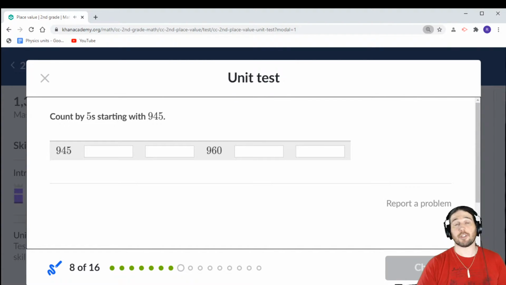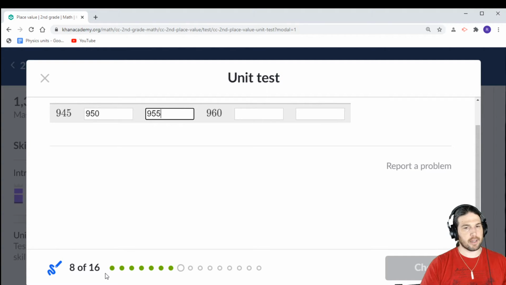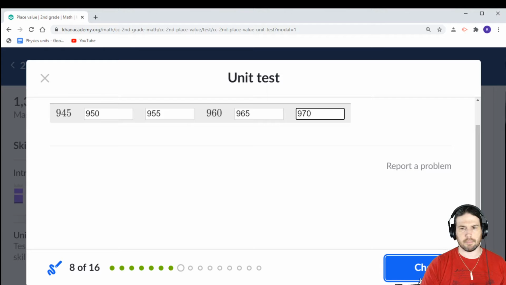Count by 5, starting with 945. That's 950, 955, 960, 965, and 970.